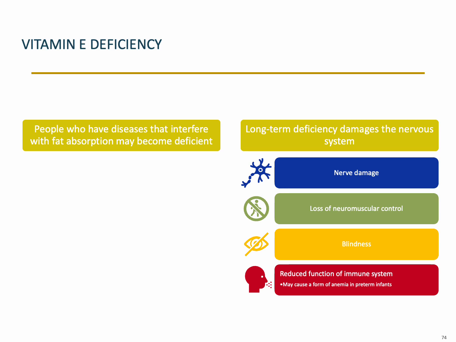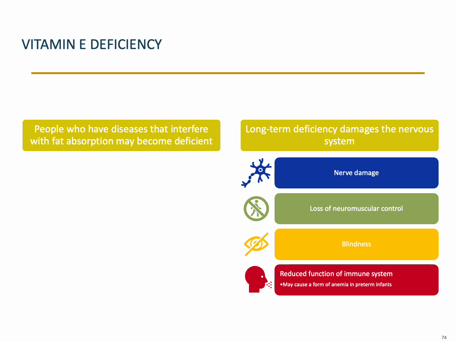And if we look at some of the causes of vitamin E deficiency, similar to what we mentioned with vitamin D, people who have poor digestive health can also end up with a vitamin E deficiency.